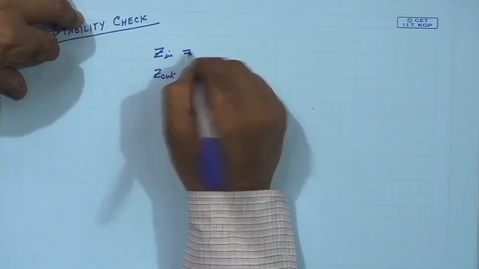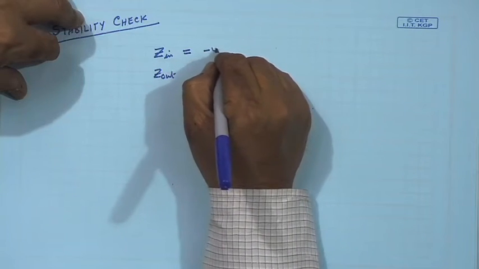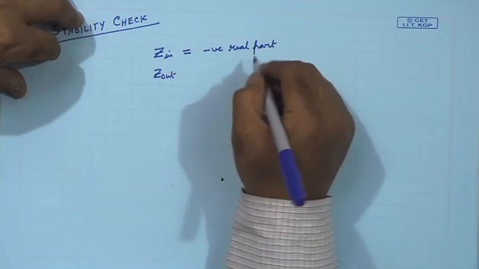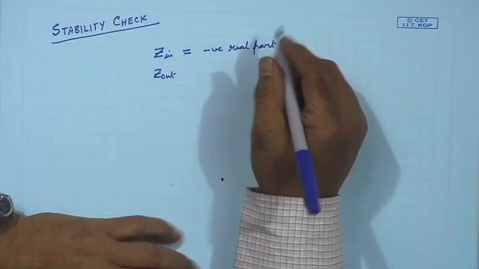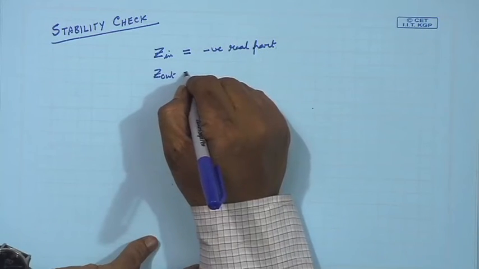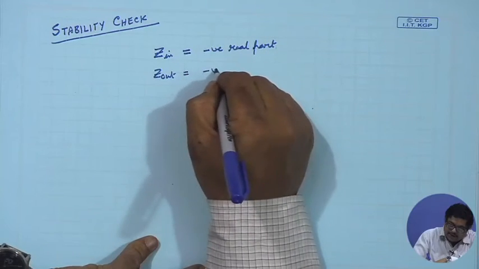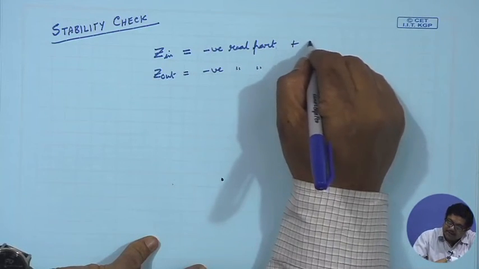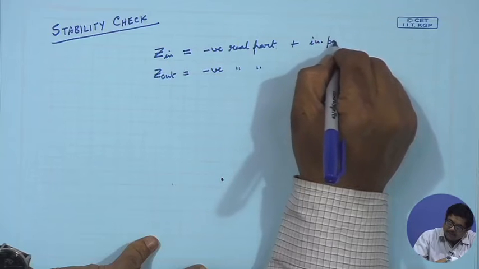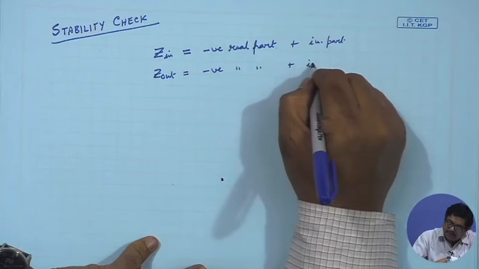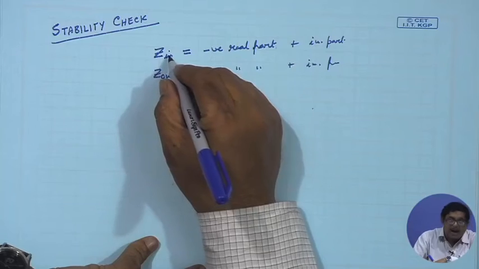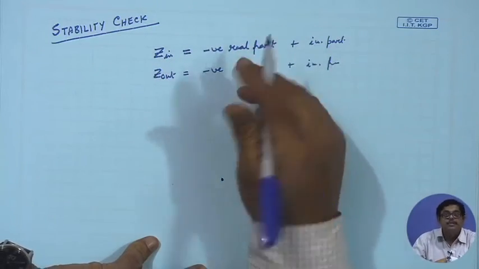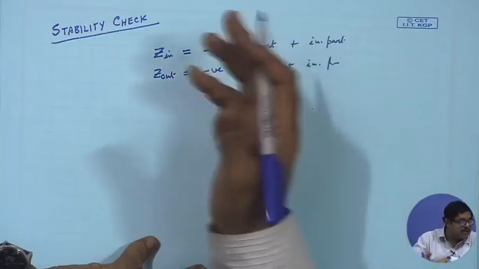Now Zin, if it has a negative real part, that means instead of resistive, if it has a negative resistance, also if Zout has a negative real part, obviously it is having an imaginary part, which is the reactive part, but if either Zin or Zout or both have a negative real part, then I will start getting oscillation.